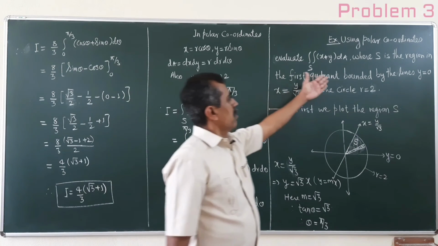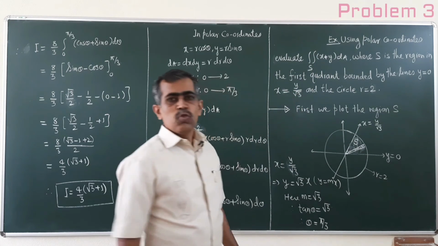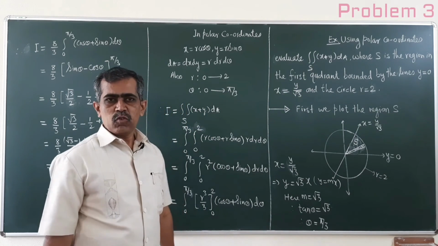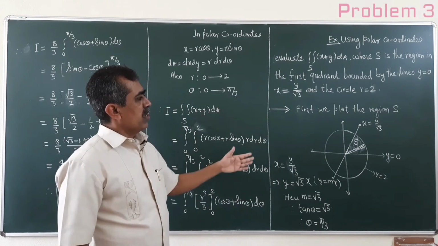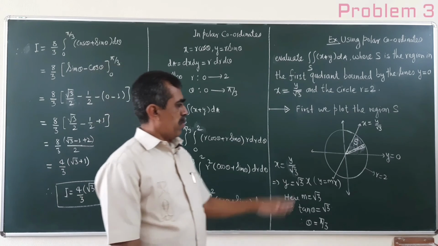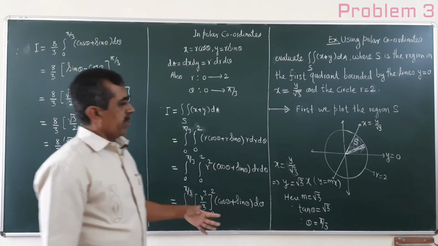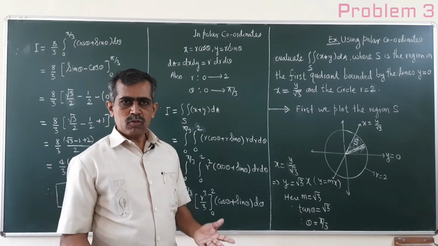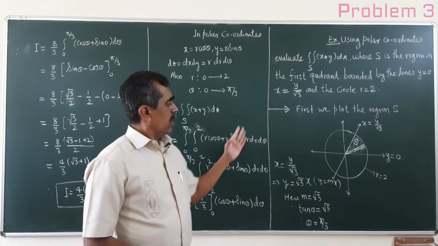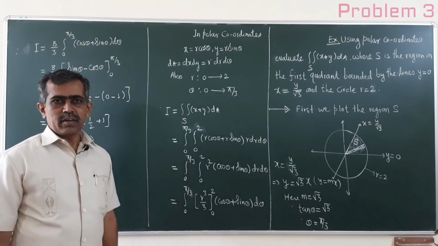So you might be clear with the use of polar coordinates in evaluating those integrals whose domain is a part of a circle, or it is the intersection of a circle and a line or circle and a parabola also. So that will help us in the easy evaluation of double integrals.